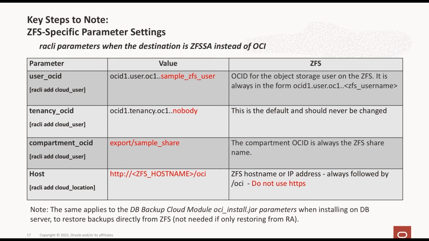If you go through the recovery appliance, this is not needed. But if you want to restore directly from the ZFS appliance without the recovery appliance, you need to install it, and you need to use the same logic when matching the ZFS parameters compared to what it would need for OCI.